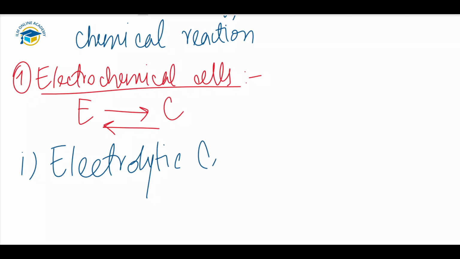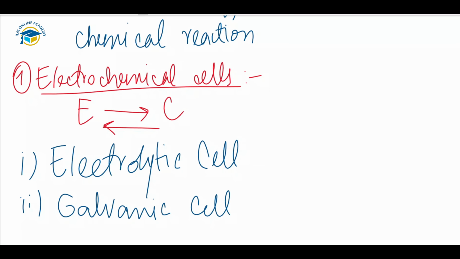In this chapter, we will discuss the electrolytic cell in detail. In an electrolytic cell, electrical energy is used to drive non-spontaneous chemical reactions. An example is the electrolysis of water to produce hydrogen and oxygen gases. Galvanic cells, or voltaic cells, generate electrical energy from spontaneous chemical reactions, and a common example of a galvanic cell is the battery.